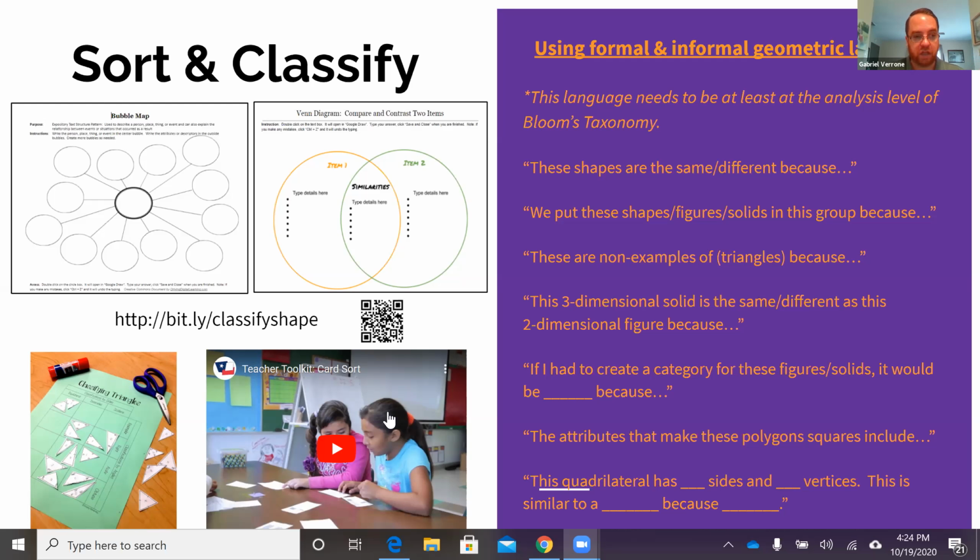But with older kids, and even with little kids, you can use something like a card sort where you give them some categories and then you give them different words or pictures and let them decide. Or if you want to bump it up, just give them a whole bunch of figures and let them make their own categories and justify why they created that category based on what.